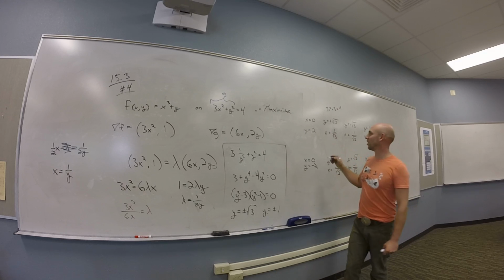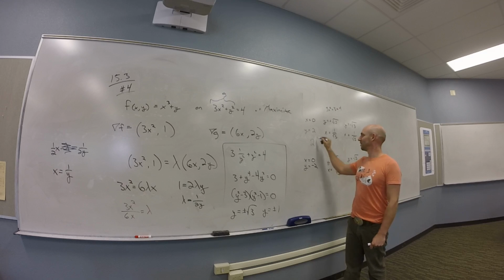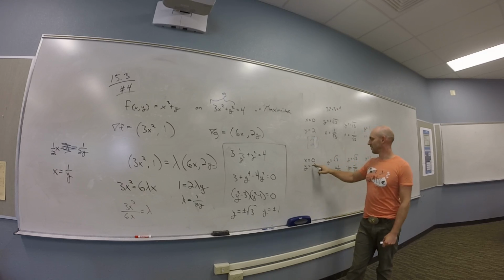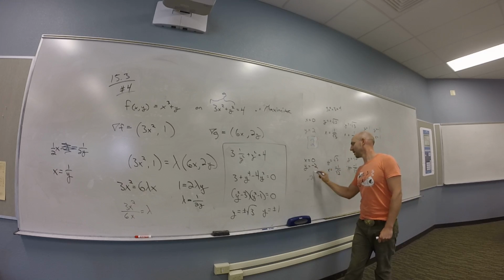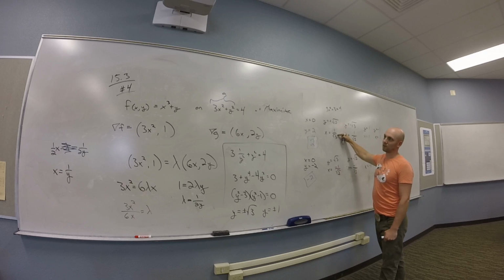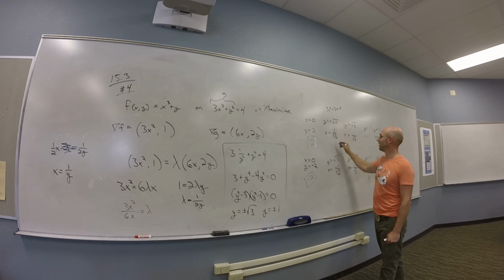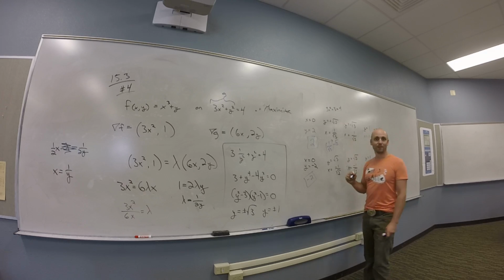So you get 0 plus 2 is 2. 0 plus negative 2 is negative 2. Then you want 1 over the square root of 3 cubed plus the square root of 3.